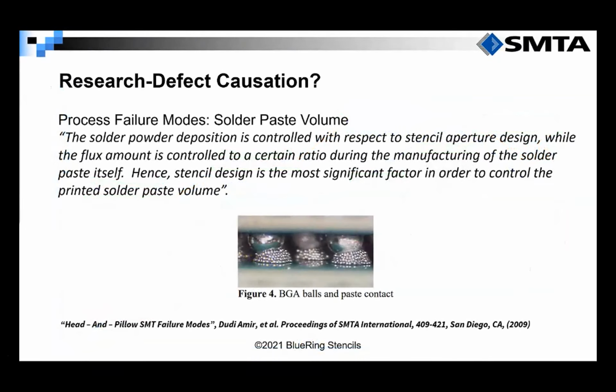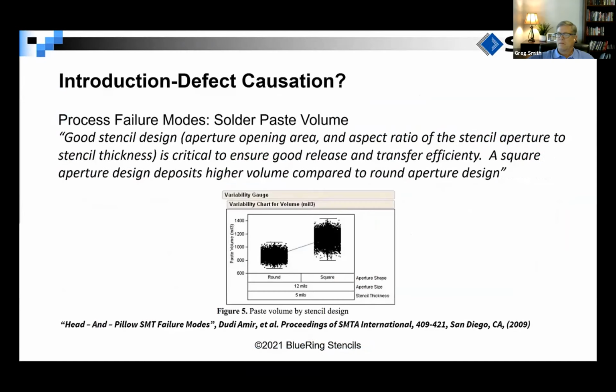I want to make sure everyone understands that the solder paste deposit is controlled primarily by the stencil, and to some extent the printer settings, and the activity and the amount of flux in the solder paste is controlled by the paste manufacturer. So the stencil design is key in determining the solder paste volume and the head-in pillow defect.